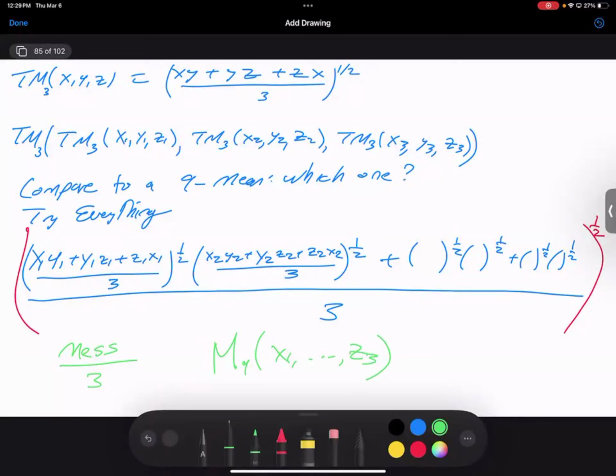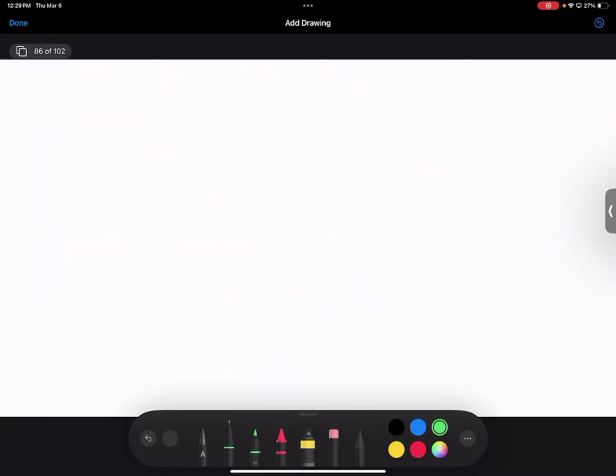But there's very natural choices for what these are. So for instance, if I want to look at, say, n objects, maybe m_k,n of x1 through xn would be, I look at all possible sums of x_i1, x_i2, dot, dot, dot, x_ik.